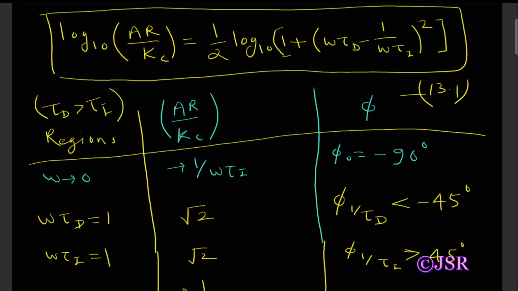So when omega tends to infinity, this will be equal to half log 10 of 1 plus omega tau d.